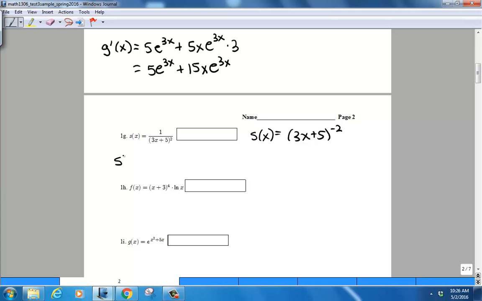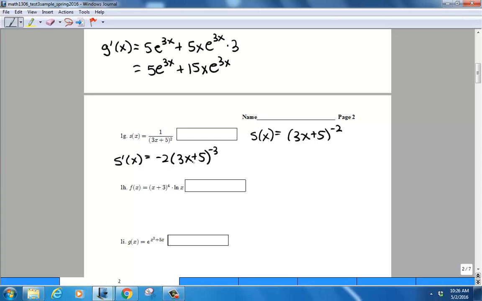So let's see, s prime of x would be bring the minus 2 down, right? So you have minus 2 times 3x plus 5 to the minus 2 minus 1. So remember, you're subtracting 1 there. So that's going to give you minus 3. But then, what do you have to do? Multiply in by the rate of change of 3x plus 5.